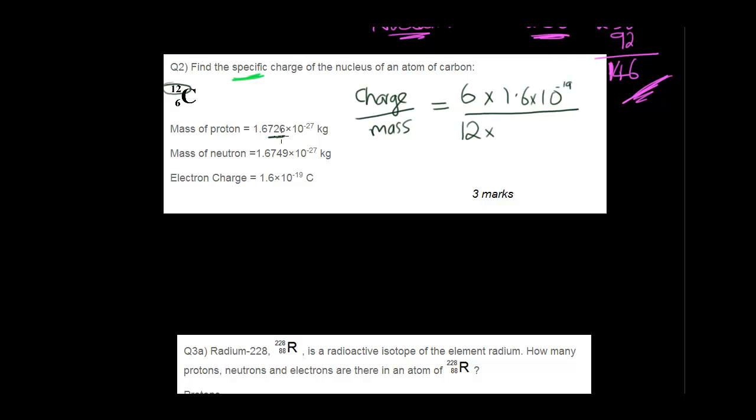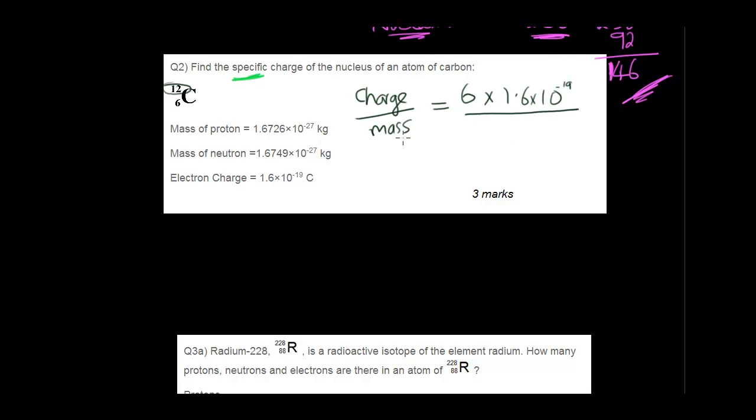Now notice that they've given us some different numbers here, so I guess really we ought to use the separate numbers for the protons and the neutrons. They're very close, but let's actually do that. I'll be good today.